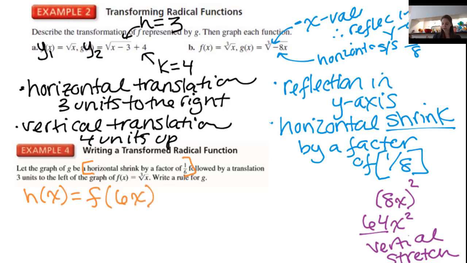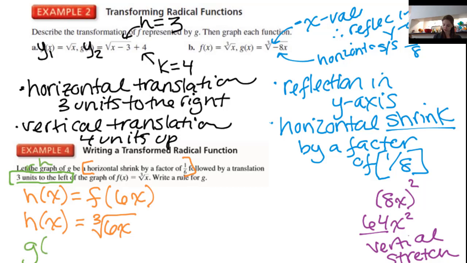6x. When it's a horizontal shrink or stretch, I take the reciprocal of the factor, and that's what I'm multiplying the x value by. So let's do h of x equals the cube root of 6x. The input is now 6x. Next, followed by a translation 3 units to the left. This is a horizontal translation, so this is my h value.